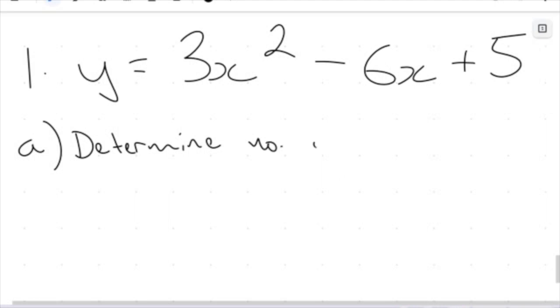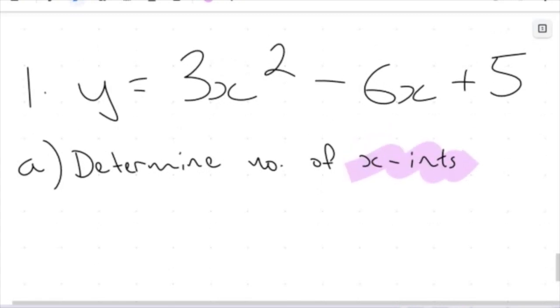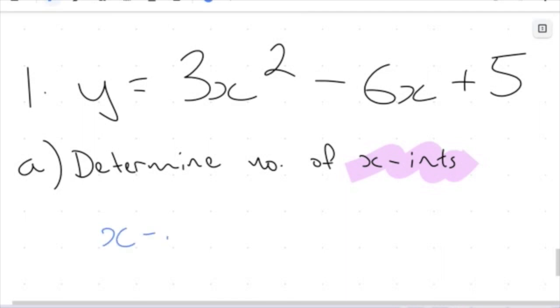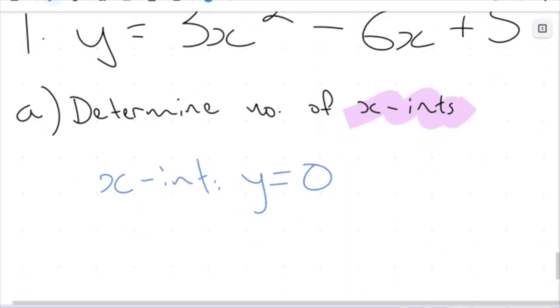the number of x-intercepts. In the previous video and in many others, we looked at x-intercepts in terms of solutions to the quadratic equation in question. Remember, we want to find the x-intercept when y equals 0.